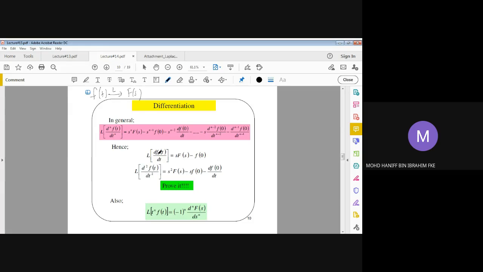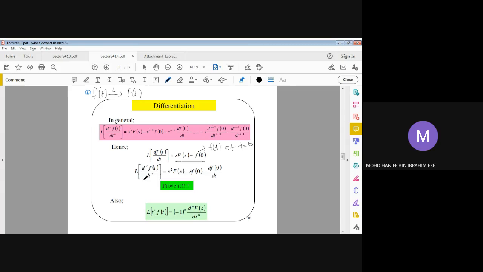For the first order, when we differentiate f(t), the Laplace of it will be sF(s) minus f(0), in which f(0) means f(t) at t equals 0.